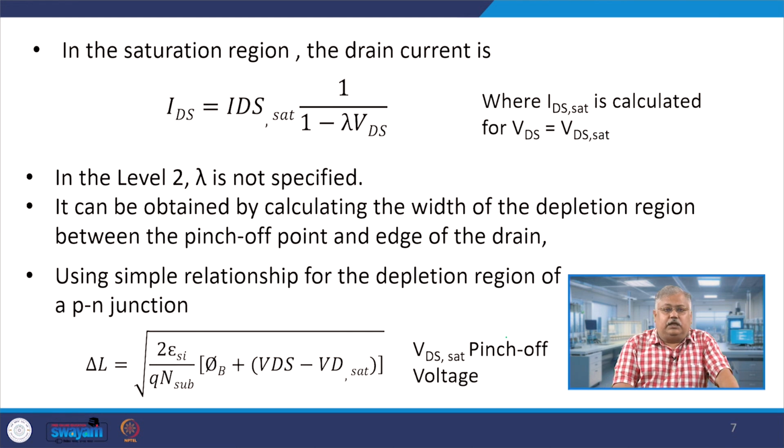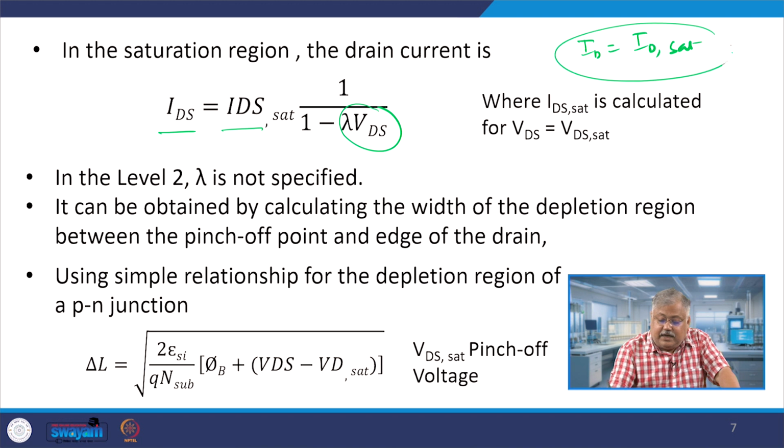Now in the saturation current, I can write ID equals IDS sat multiplied by 1 upon 1 minus lambda times VDS. As you can see, if lambda were 0, that means there is no CLM, then ID equals ID sat.